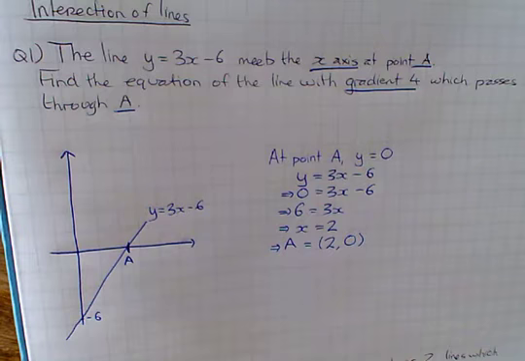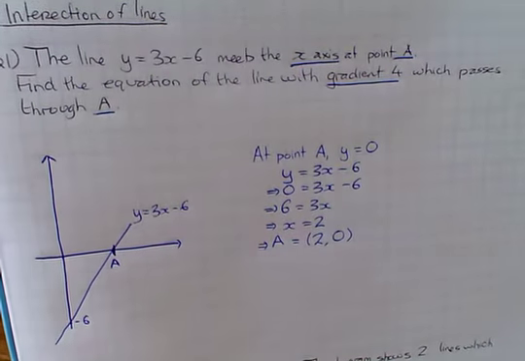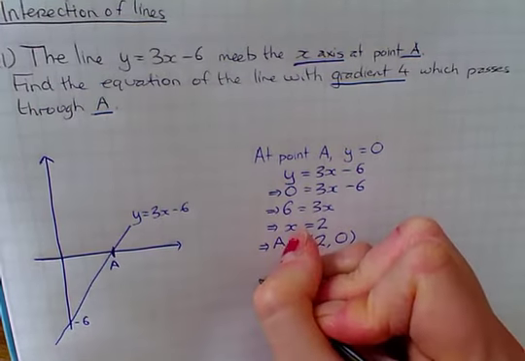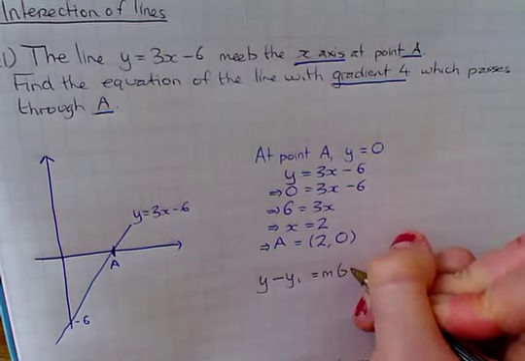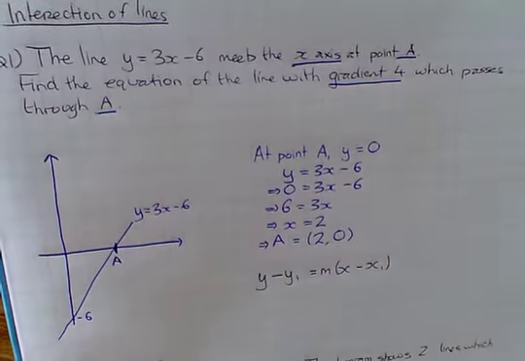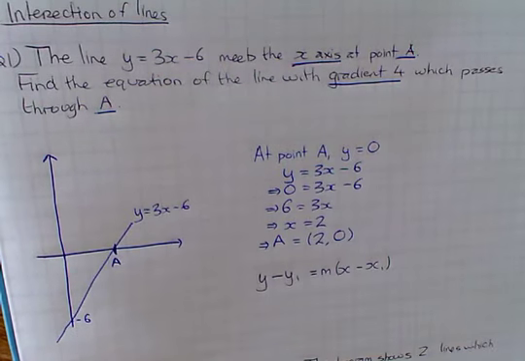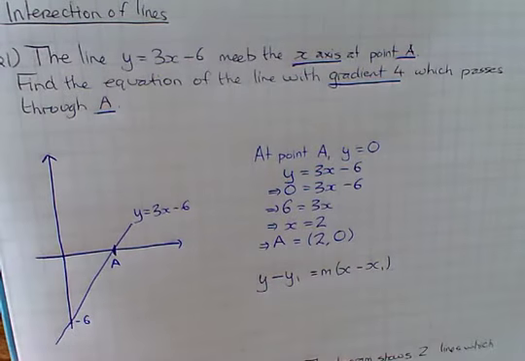Now we're asked to find the equation of the line, and we are told that the gradient is 4. So using what we had a little look at the end of last term, we can use y minus y1 is equal to the gradient times x minus x1. And then we can just substitute in the coordinate points of A for y1 and x1.